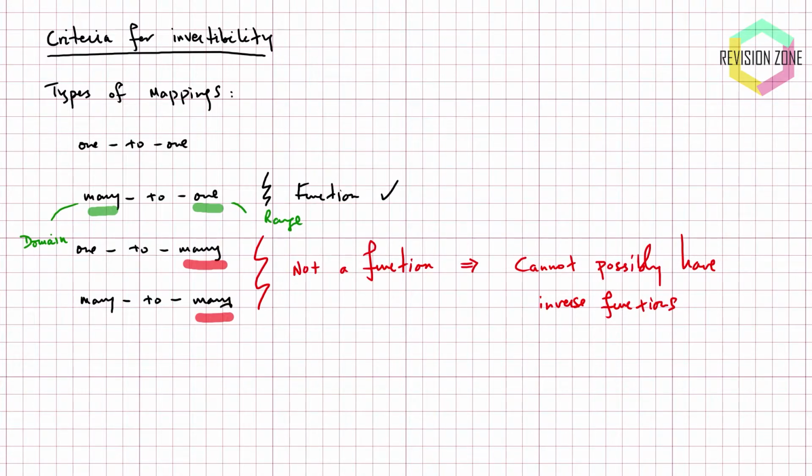But let's now think about the domain and the range more carefully. We know that when we consider the inverse function, it swaps the domain and the range, right? So let's think about what's going to happen when we swap the domain and the range. We're going to basically go from many-to-one to one-to-many. Okay, so that's going to give me something like, here, say, one-to-many.